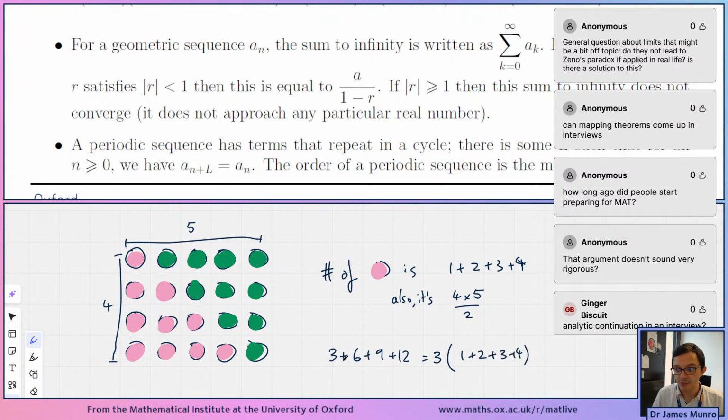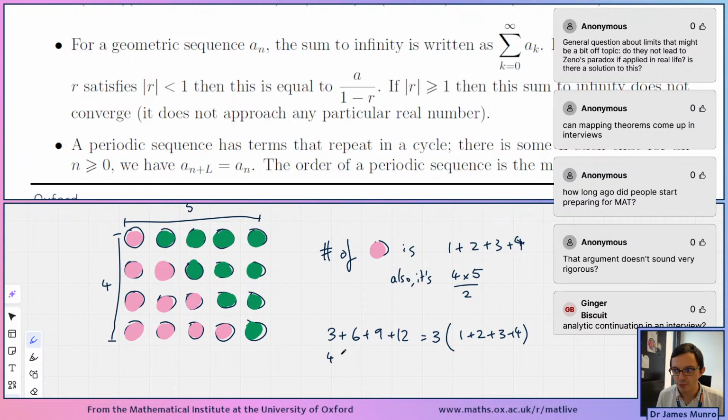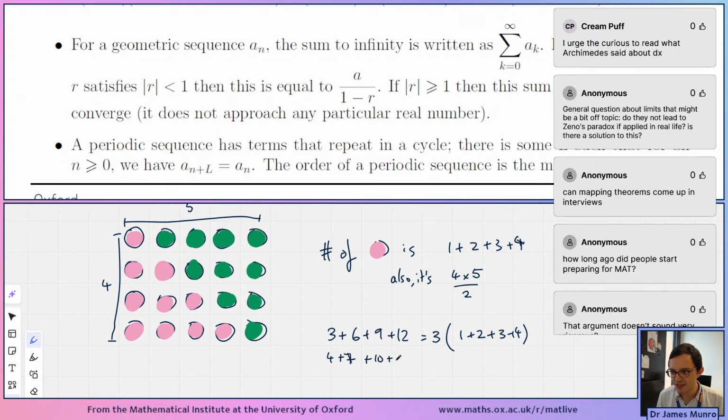And to do a sum like 4 plus 7 plus 10 plus 13, I would notice that this is 4 lots of 1 plus the sum that I just showed you. Those are enough ideas that you can now go and work out the arithmetic progression formula from scratch if you want to.